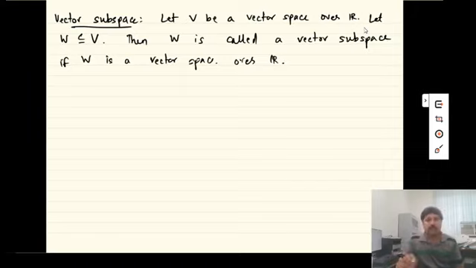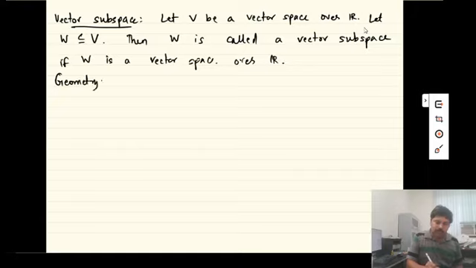This is something really very important, and the geometry behind these subspaces is really very nice. In R2, R3, Rn, we can see the geometry.